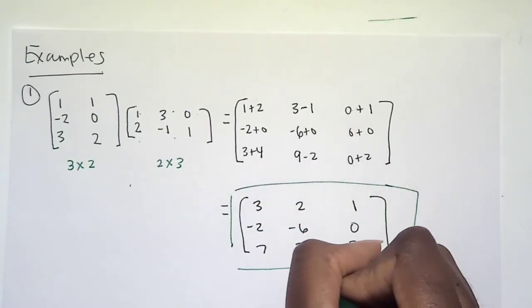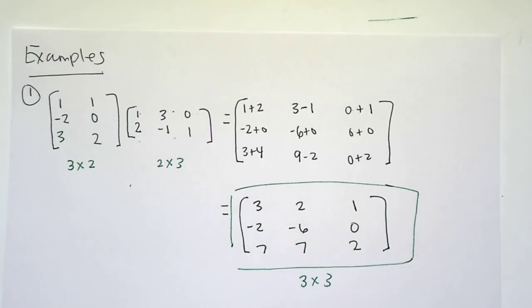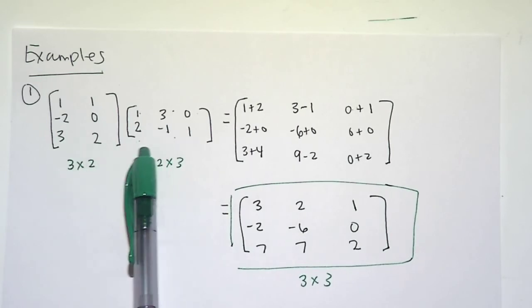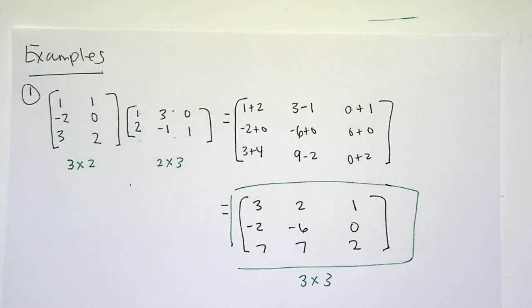And so the result is a 3 by 3 matrix. In your previous sections, you've learned about transformations, linear transformations. So actually, when we are doing matrix multiplication, it's just a composition of linear transformations.